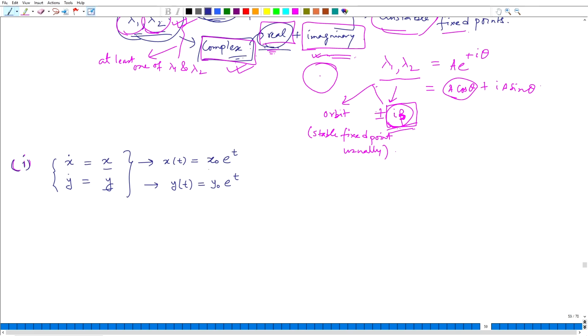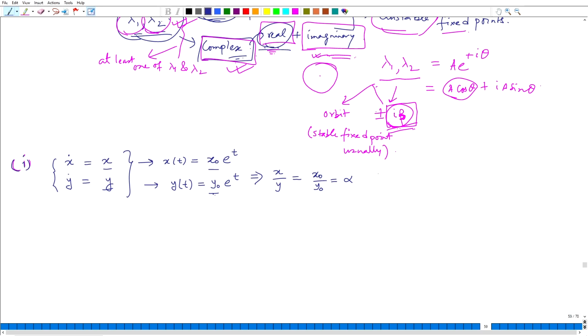x 0 and y 0 are the initial values of x and y respectively when t is equal to 0, okay. Now, you see that these constant values need not be equal. So, if I ask what x by y will be, that is x 0 by y 0, a constant, let us say alpha.